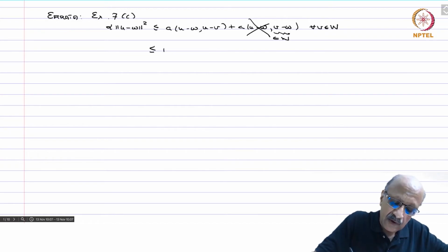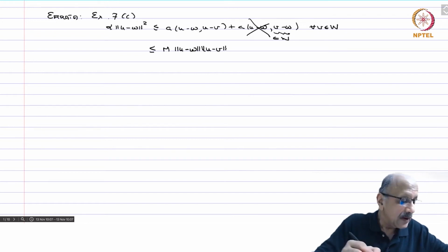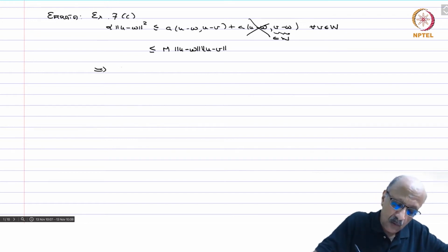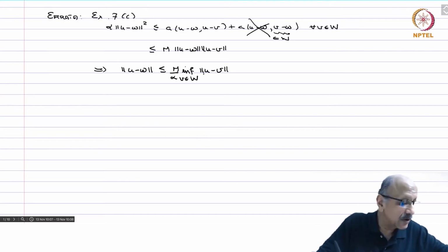So this is less than or equal to M times norm of u minus w times norm of u minus v, and therefore, by cancelling one of them, the norm of u minus w is less than or equal to M by alpha times norm of u minus v. Since this is true for all v, I can put the infimum over v in W here. Okay, so that is how we do it.